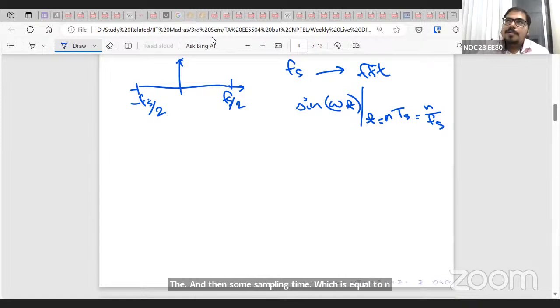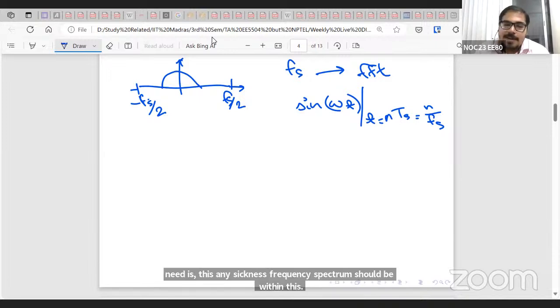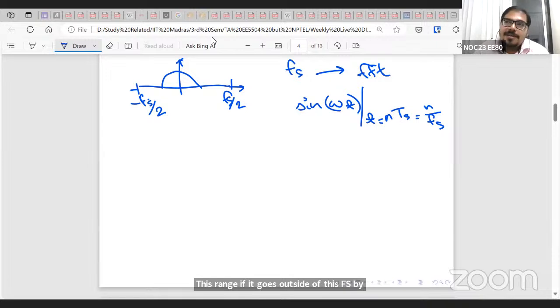So to detect something without any ambiguity, any signal's frequency spectrum should be within this range. If it goes outside of this fs by 2, it will be aliased, so you will get some fake representation inside this range, which will cause confusion.